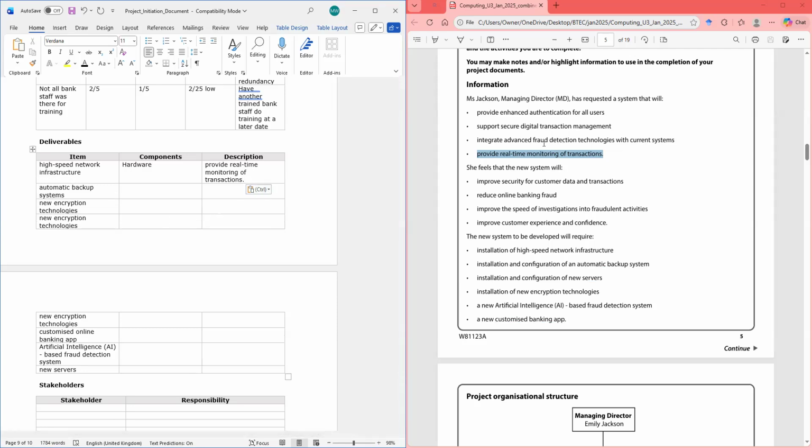Automatic backup system. And that would be just in case the system goes down. What would we need a backup system for? Just in case the system goes down.